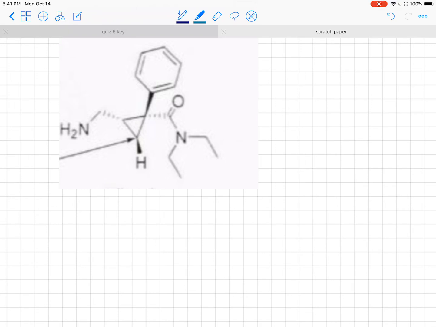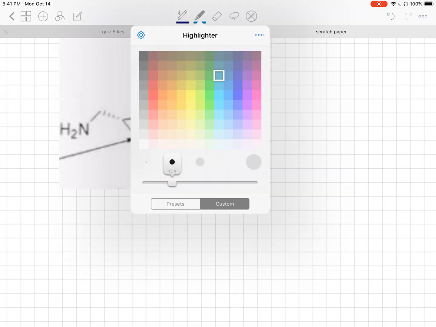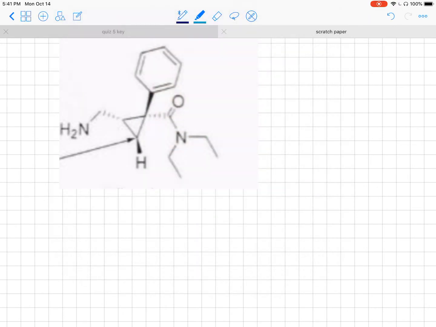So now we're going to look at the cyclopentane ring. If we look at the one that's actually being pointed to in this picture, you can see that it's bonded to this carbon here, this hydrogen, but there's no double bond and there's no formal charge, so it also must be bonded to one more hydrogen.